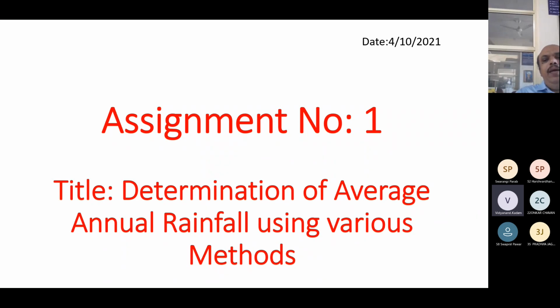Now, in order to find the average annual rainfall for a certain area, suppose we consider any district, let us take the example of Kolhapur district. If we want to know the average annual rainfall of Kolhapur district for today's date, we have to collect the rainfall values at various rain gauge stations in Kolhapur district.